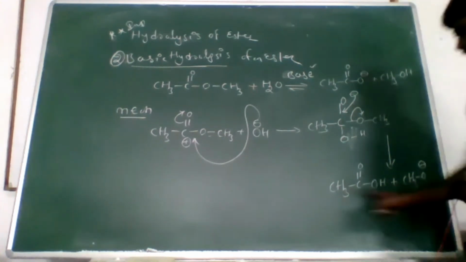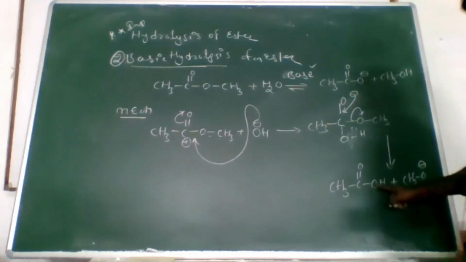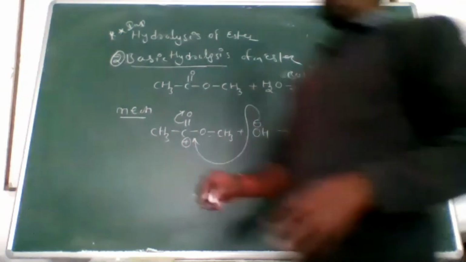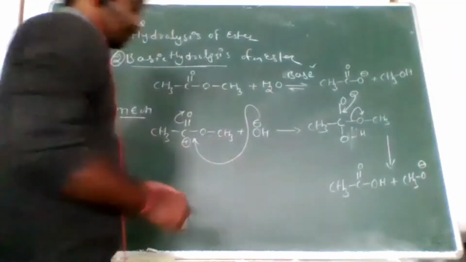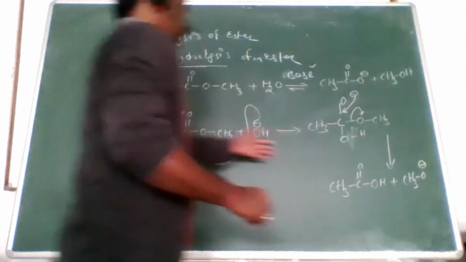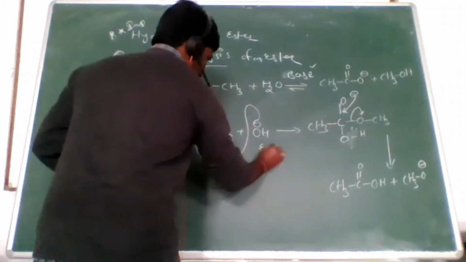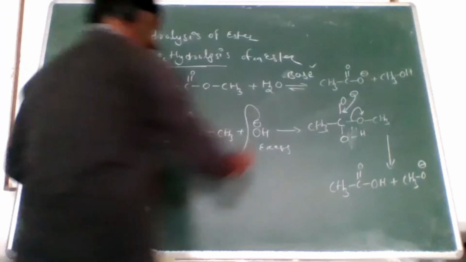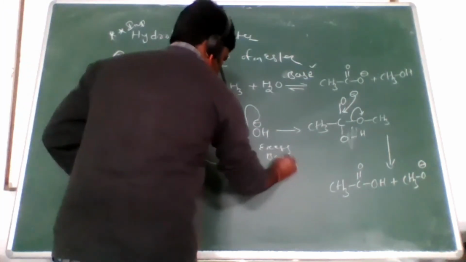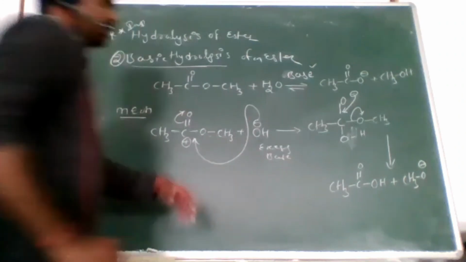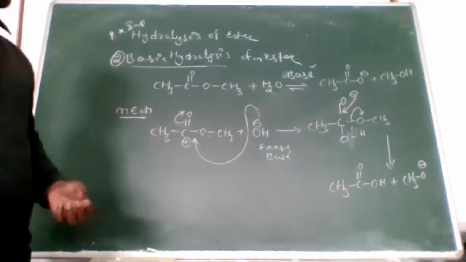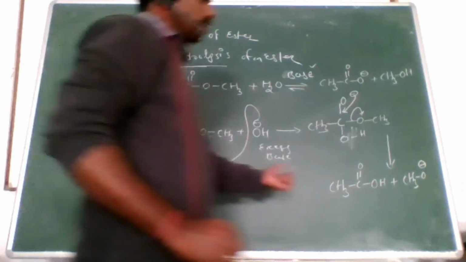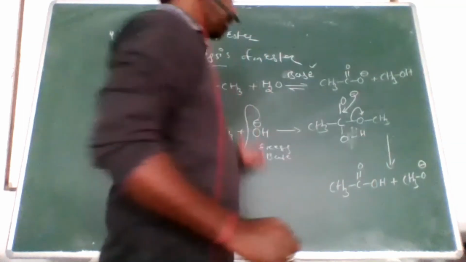Now the carboxylic acid is formed. The nature of this carboxylic acid is to give off H plus ions. But here, there is an excess amount of hydroxide, since it is basic, so in the test tube H plus ions are not available.